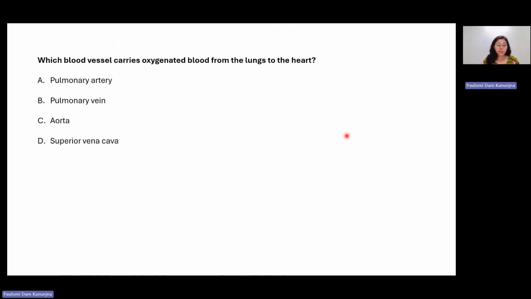Which blood vessel carries oxygenated blood from the lungs to the heart? Wherever you have the word lungs, one thing is obvious to you, and the other part says directionality, to the heart or from the heart. That tells you the second part of the answer.